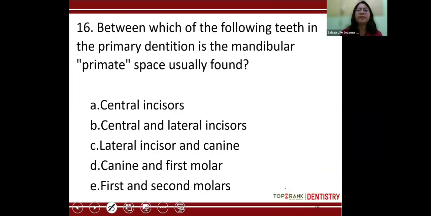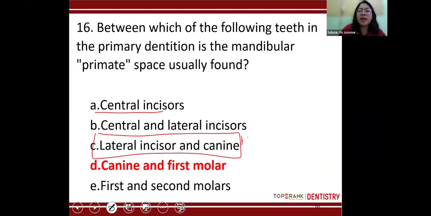Number 16, between which of the following teeth in the primary dentition is the mandibular primate space usually found? It's distal to the canine. Diba? So it's between, yes, very good, the canine and the first molar. Pag maxillary naman, maxillary primate space, it's between the lateral and the canine.